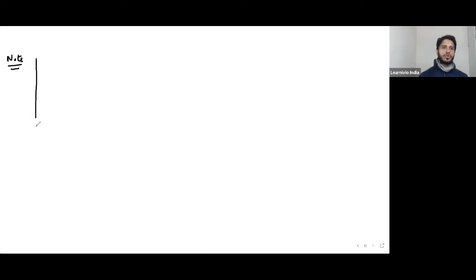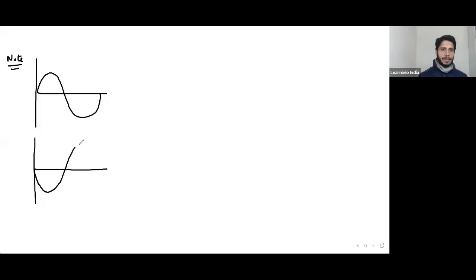If I draw two waves, this is one wave and this is another. And I say that these two waves are superimposing. Just by looking at the diagram, can you tell me what type of superposition this would be? Would this be constructive or destructive? Destructive, not constructive. It's destructive superposition.